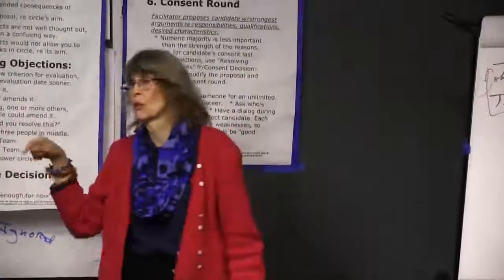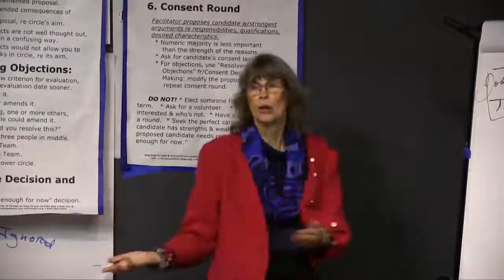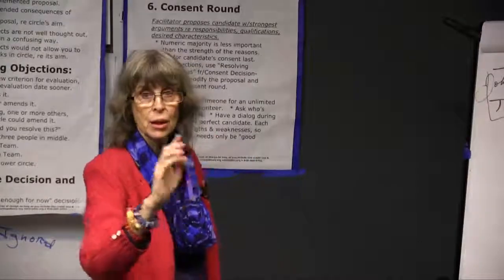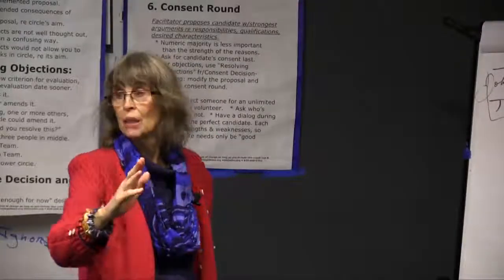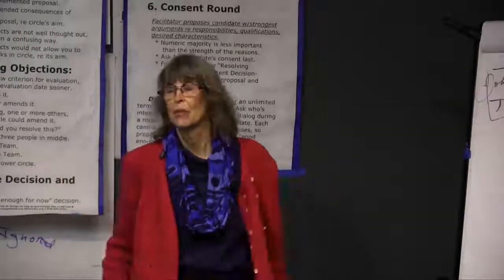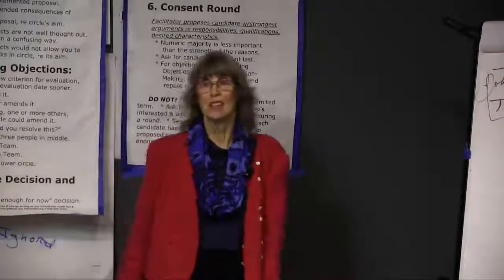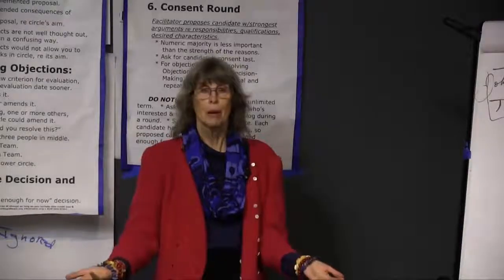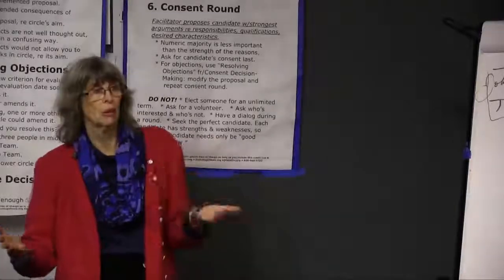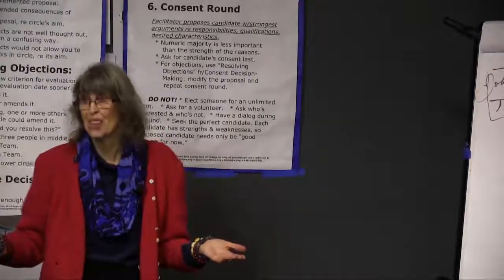And then everybody goes, no objection, no objection, no objection. And then the person knows that they've been selected. Let's say that it was Alex, and we start right next to Alex with Molly, and then we go around and we get to him last. By this time, he might be convinced by all those great things everyone said about him, by how people changed their nomination to Alex because they were convinced by what they heard from what other people said.